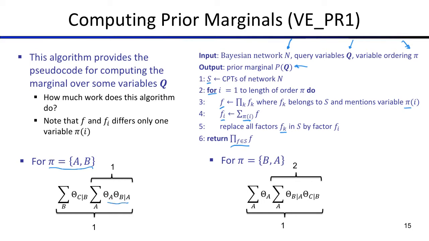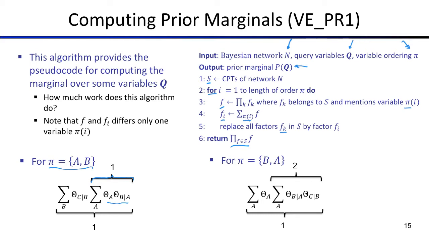So we're going to create a factor that has two variables, but after we eliminated the variable A, this factor will have one variable. So what we are showing here is that the resulting factor after the elimination of A has just one variable, that is variable B.